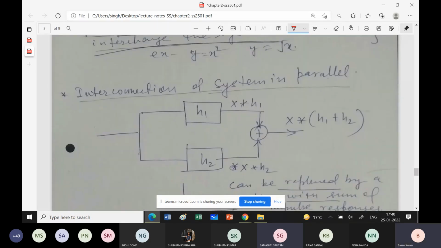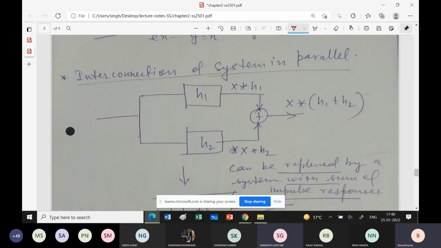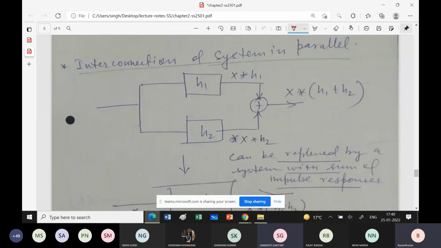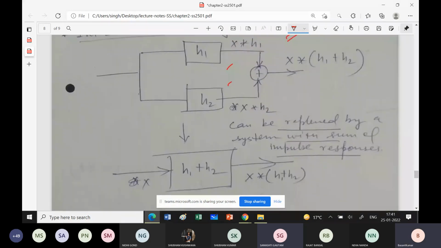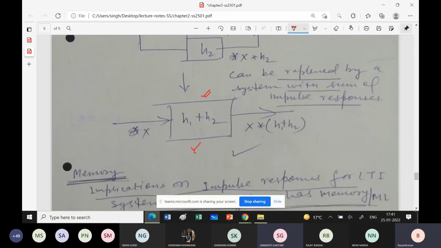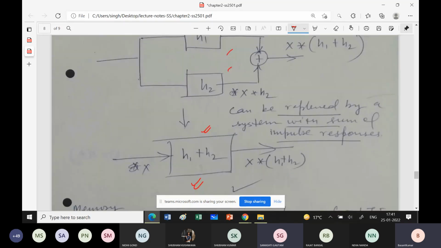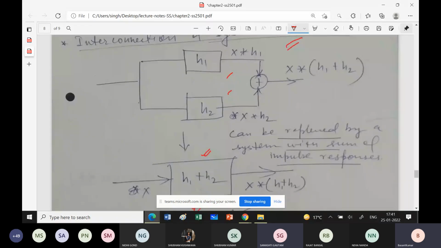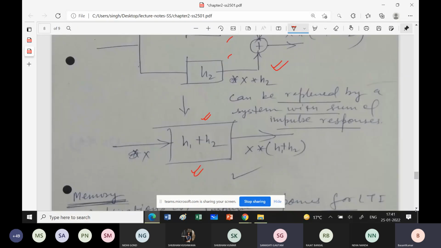उसके बाद क्या है, interconnection of the systems in parallel. अब ये दो सिस्टम अगर पैरेलल में हैं तो इन दोनों पैरेलल सिस्टम को आप एक ही सिस्टम से रिप्रेजेंट कर सकते हैं, you can represent with a system having a response as a summation of the response of the two different systems. ये जो इस तरह के पैरेलल सिस्टम को you can just represent using this kind of system.